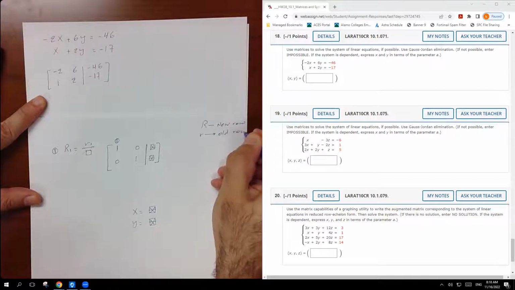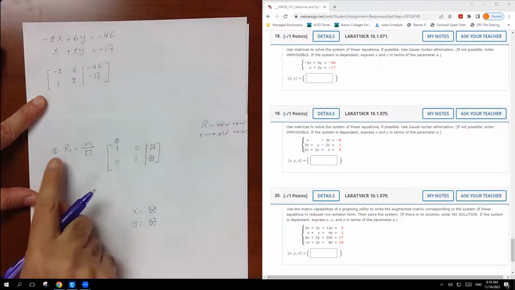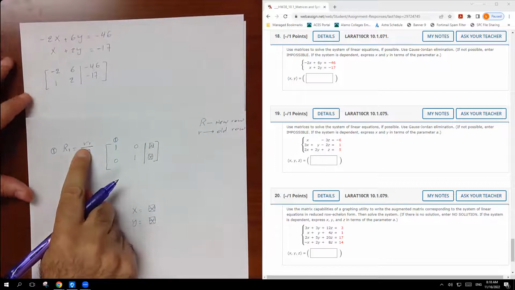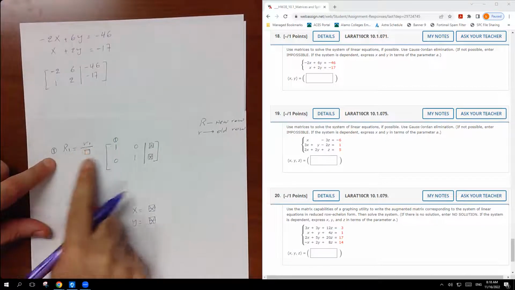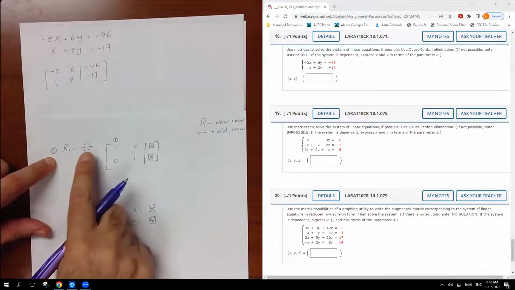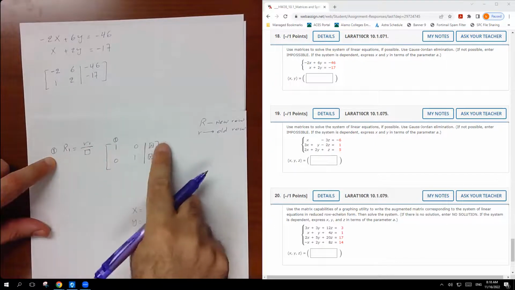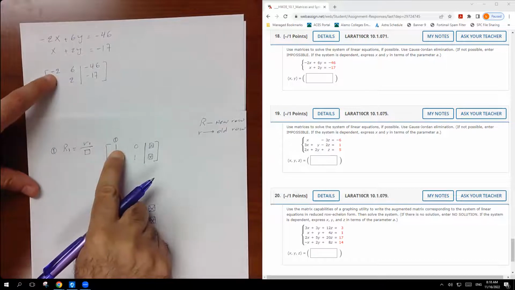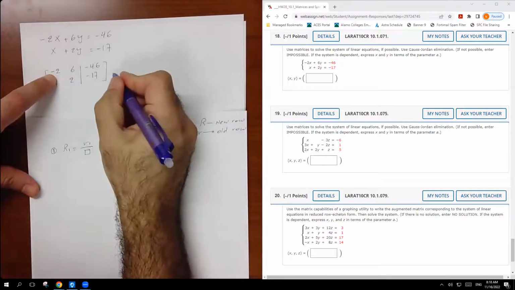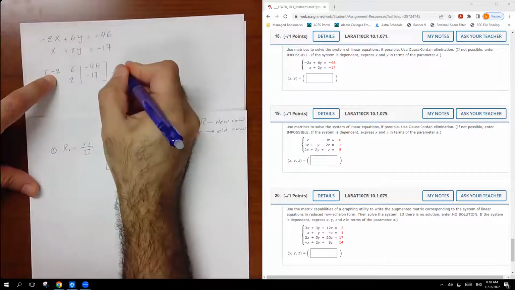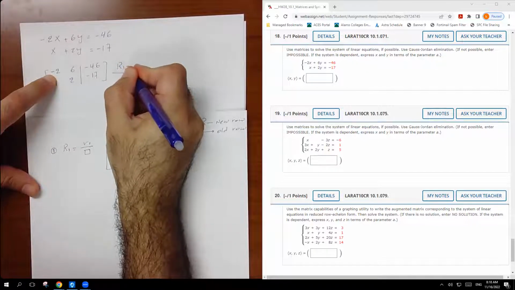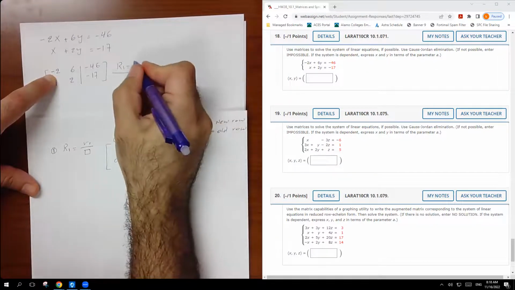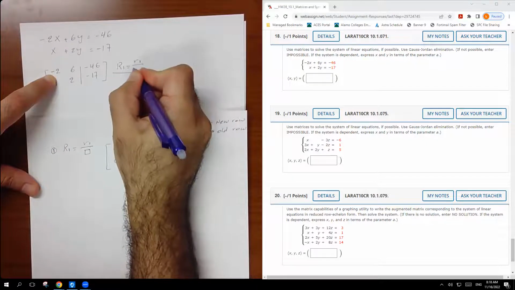So you can know the difference when I write down capital and small letter. So here's step 1. Always you're going to do the same thing. You're going to divide the old R1 by the number on this location, which is negative 2. That means when I do step 1, the new R1 is going to be the old one divided by negative 2.